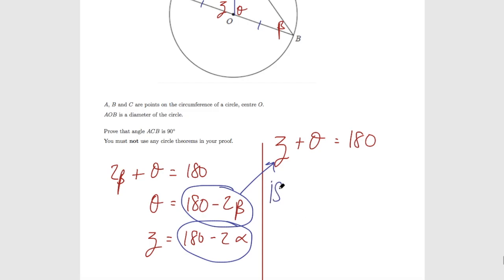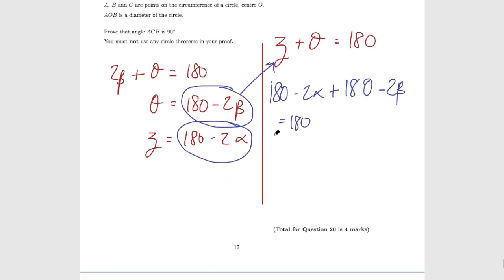So 180 minus 2 alpha plus 180 minus 2 beta equals 180. Then we can simplify this. 180 plus 180 is 360, and then minus 2 alpha minus 2 beta equals 180.